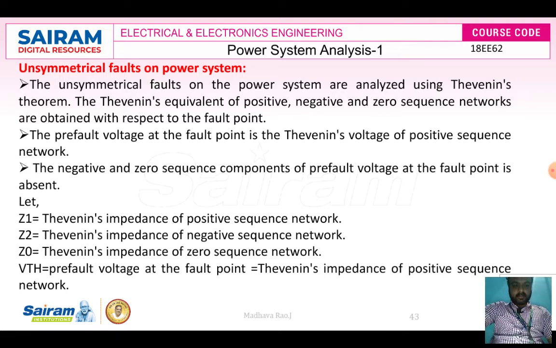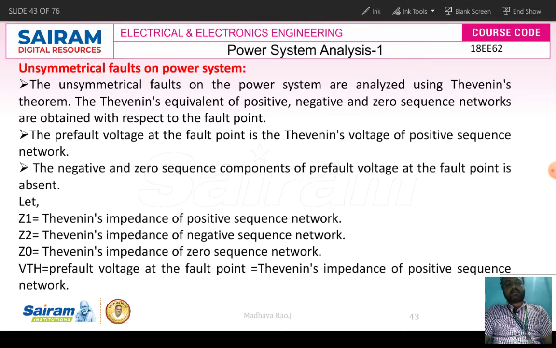Positive sequence, negative sequence, zero sequence networks are obtained by using the fault point. Okay, so the pre-fault voltage at the fault point is the Thevenin's voltage.